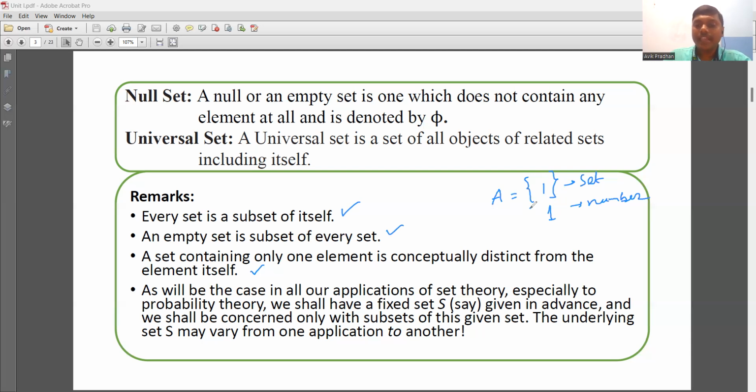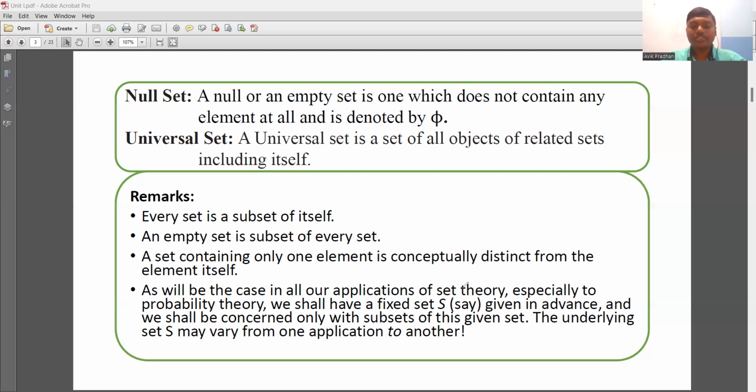This A representing a singleton set is a collection which contains only one element, that is 1. But 1 by itself is the number, which is different from the set. Set means collection, here it is a number itself. Okay, so these two things are different.